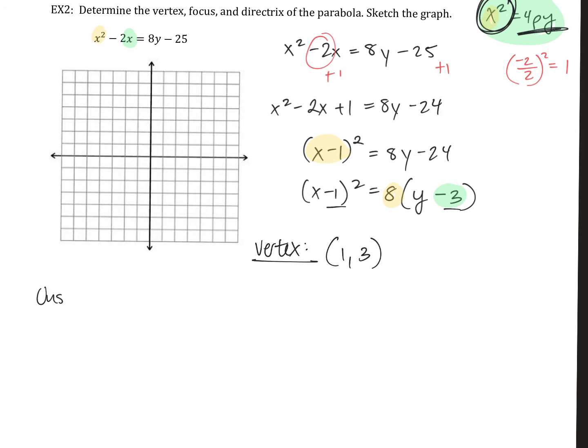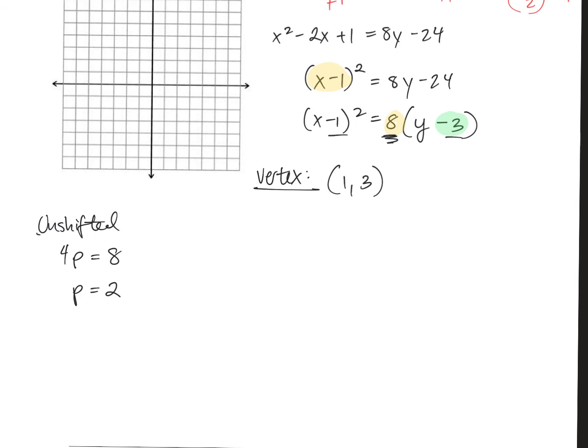So unshifted, we know that 4p should equal 8, which means that p equals 8 divided by 4, which is 2. So that means we would have a focus of 2 and a directrix equal to negative 2. Once again, we're just using some of the old formulas we've had before.